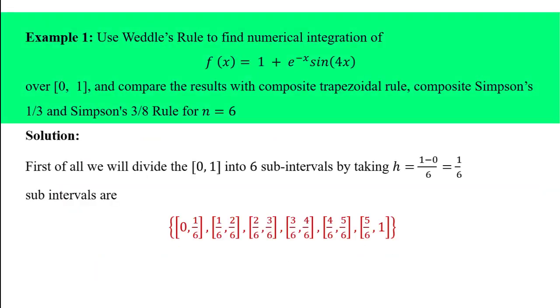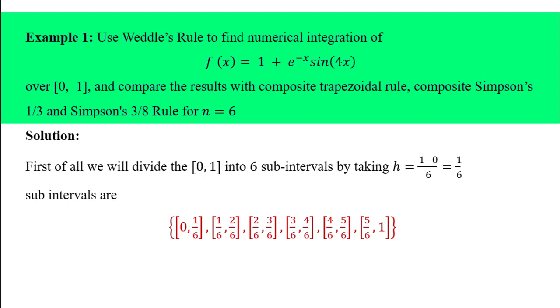Use Wedel's rule to find the numerical integration of the function f of x equal to 1 plus e raised to power minus x times sine 4x over the interval 0 to 1, and then we will compare our results obtained by Wedel's rule with the trapezoidal rule, Simpson's 1 by 3 rule and Simpson's 3 by 8 rule for n equal to 6.